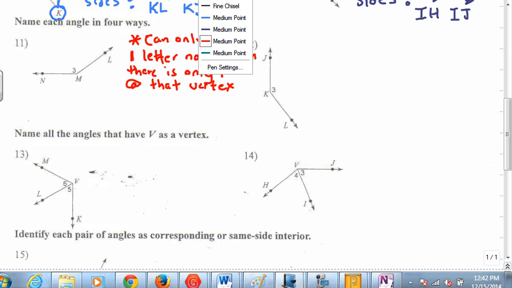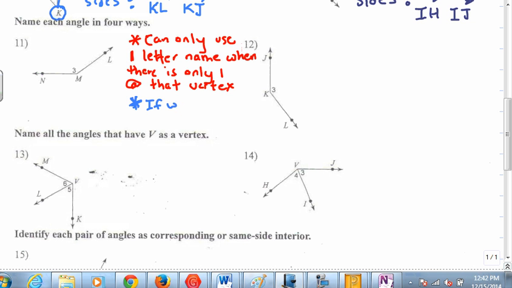That's the only time you can use a single letter. You can use a single number, the number's on the inside. But you can only use a single letter if there's only one angle at that vertex. If we use 3 letters, the vertex is what? Which letter? The middle. The vertex has to be the middle.